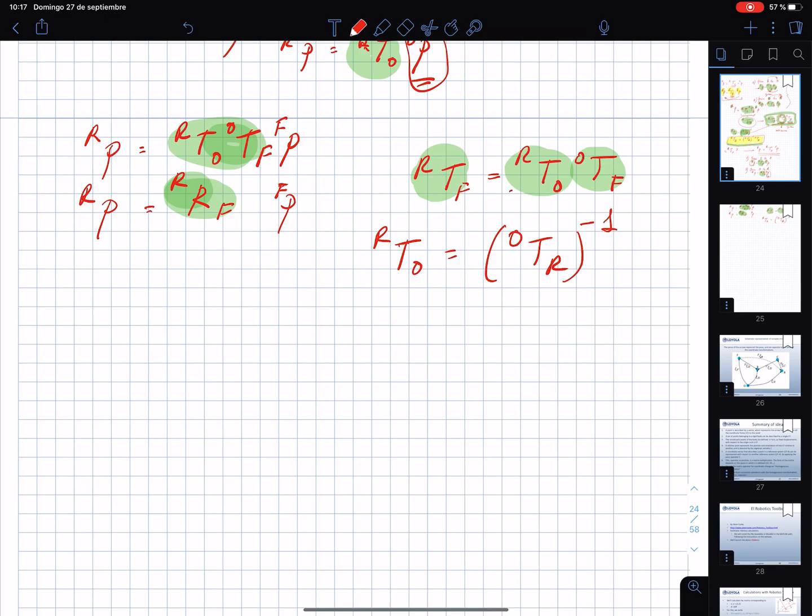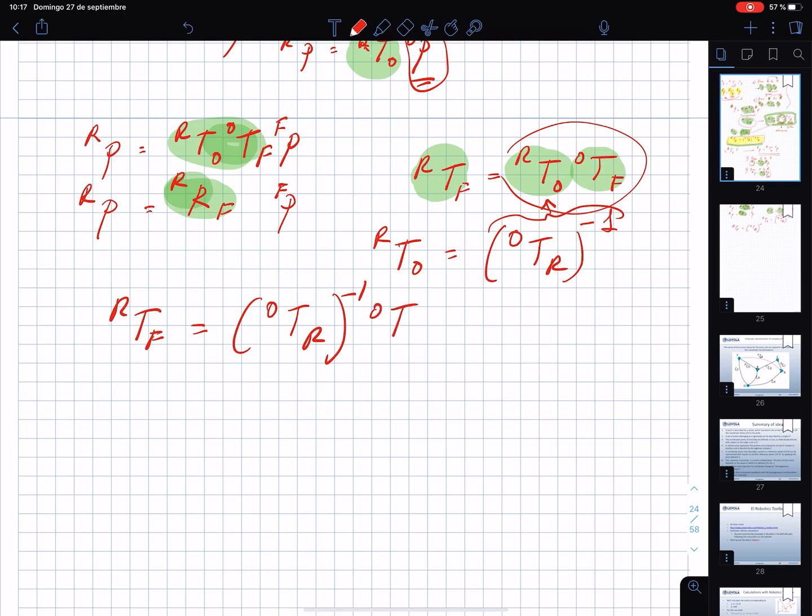We can substitute this inverse right in here, and now we have the right hand side in terms of matrices that we already know. So just to write it in a single line, RTF equals 0TR to the minus 1 multiplied by 0TF.